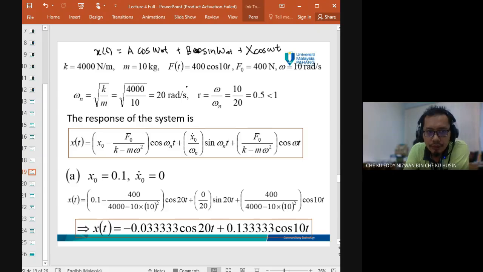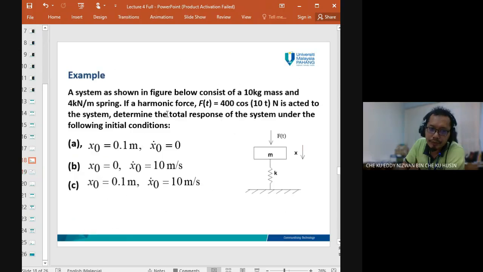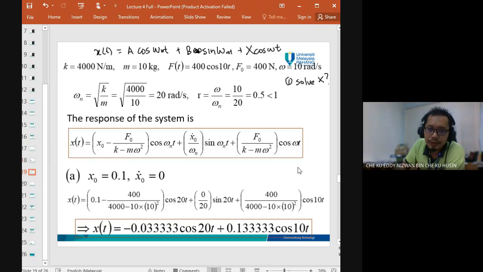So the first step, you solve for X. First solve X. For this one you can just use the equation: F0 over (k minus m ω²), where F0 is 400, and then the stiffness, mass, and also the ω.